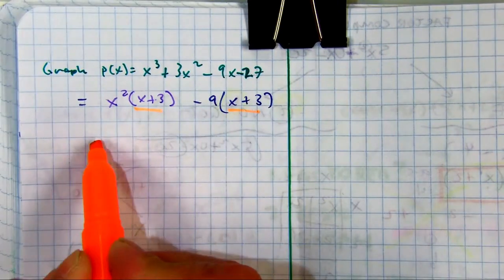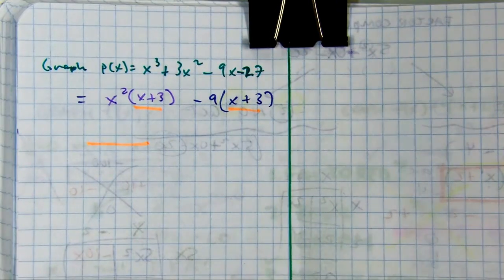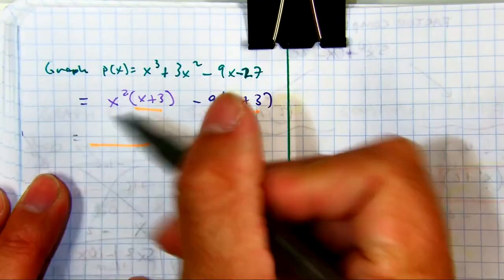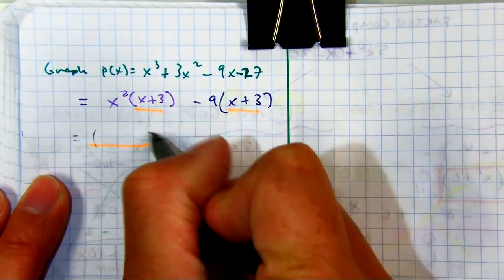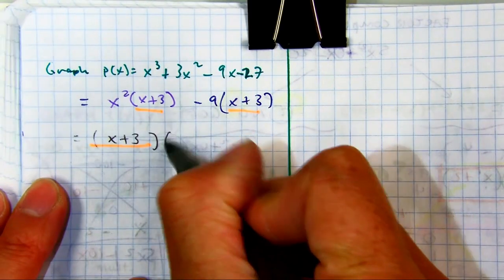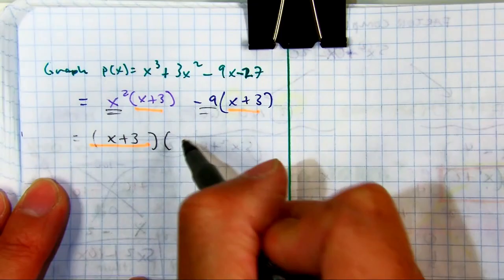Here and here. So let's put that first GCF out here on the outside. I'm pulling it out from the whole expression, so that'll be x plus 3. And then anything not in orange is x squared minus 9.